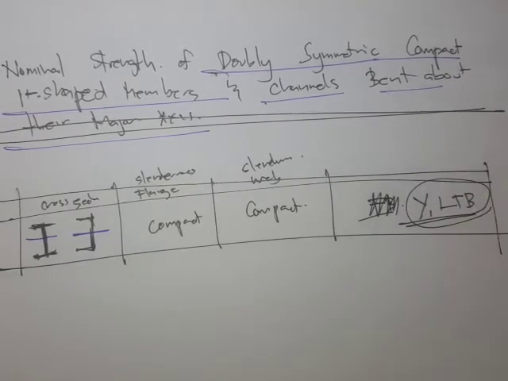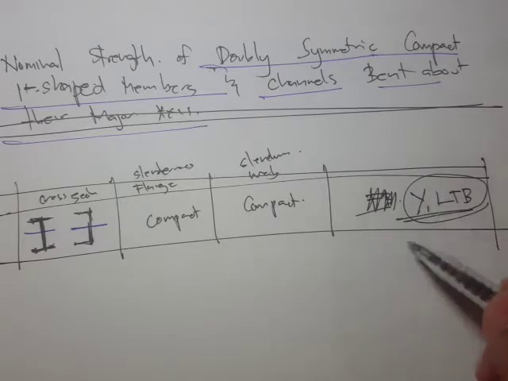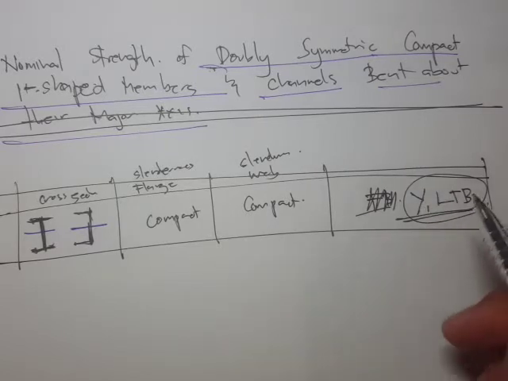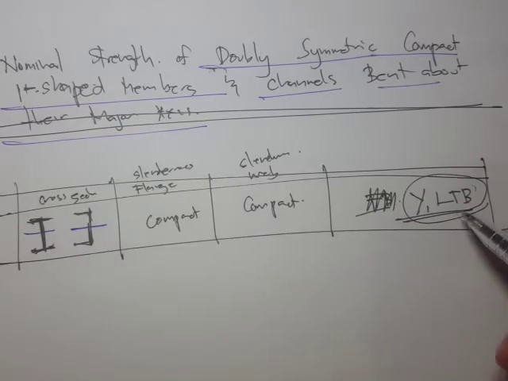Okay, so meaning that we are going to compute the equations. I mean, there's going to be an equation for yielding, and there's going to be an equation for solving the nominal strength or capacity in terms of the lateral torsional buckling.